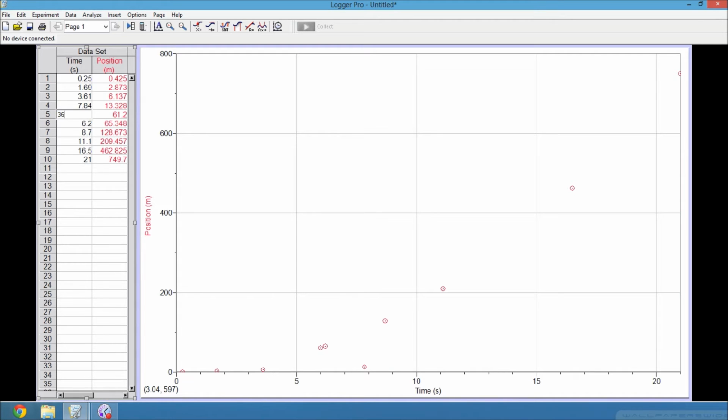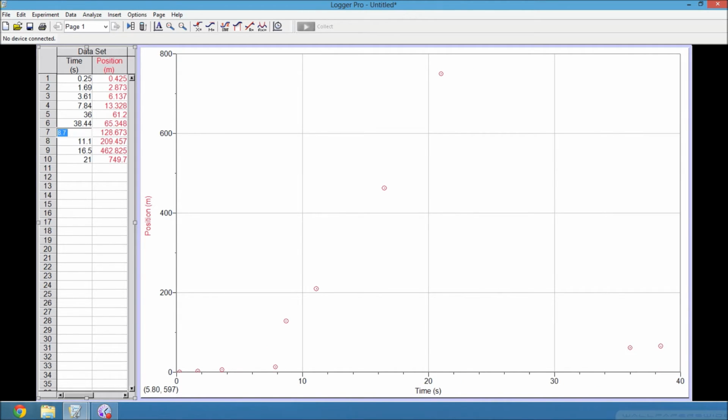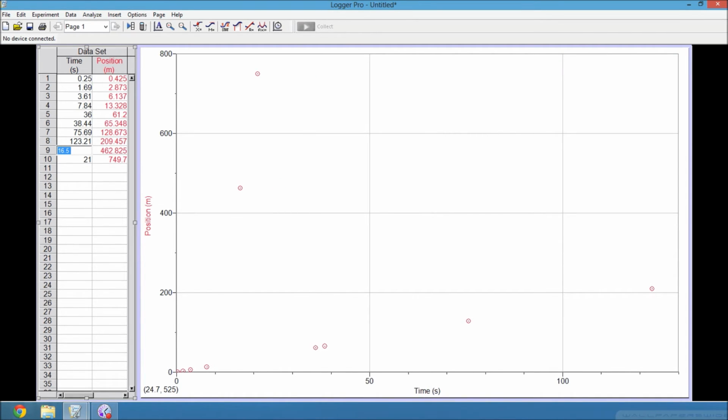I know what that is, that's 36. 6.2. 8.7 squared, 75.69. You can see the dots here changing. This is becoming linear. 11.1 squared, 123.21, 16.5, 272.25, 21 squared. It's going to be just over 400, 441.